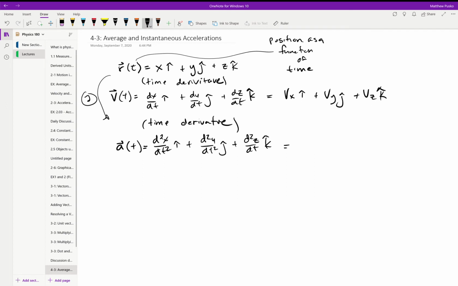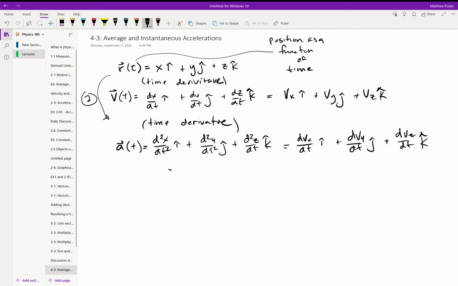Don't lose your subscripts. Once you go from position function to velocity to acceleration, make sure you don't lose your subscripts. So that would be the first time derivative of velocity in the x direction plus the first derivative of velocity in the y direction with respect to time plus the time derivative of the velocity in the z direction.